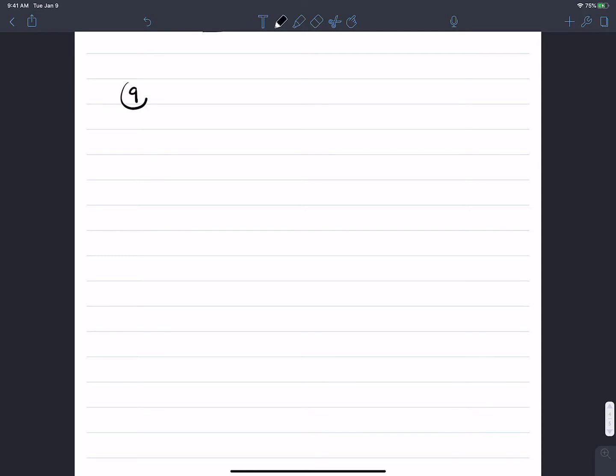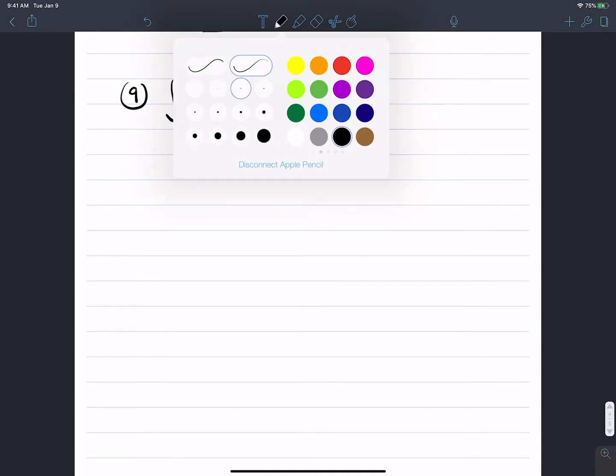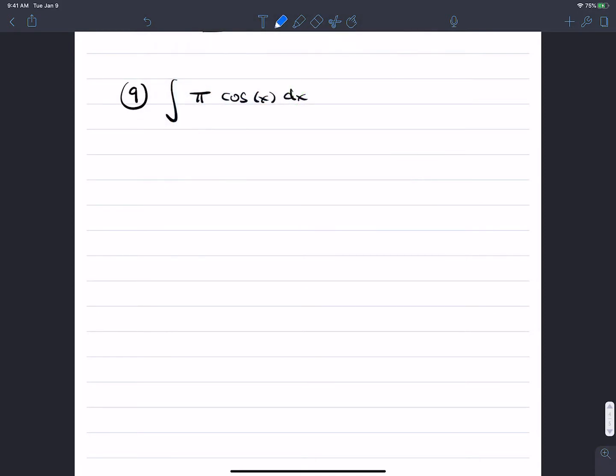Right? And then number 9, if they give you something like this, they can give you pi cosine x dx. And so what I want to point out to you, there's going to be a couple of things you want to know here. You guys know anything about pi? What's interesting about pi? It's a constant.